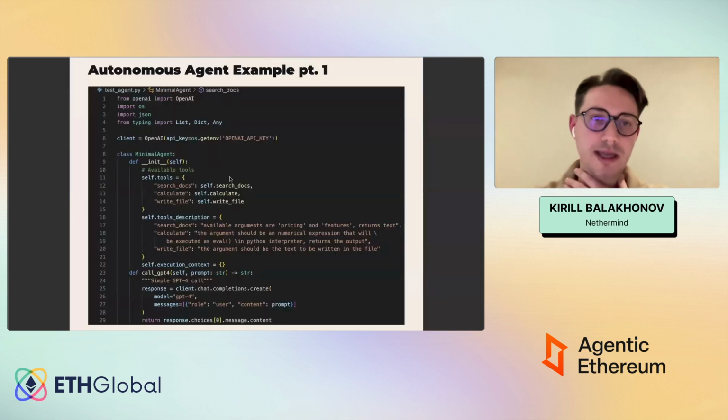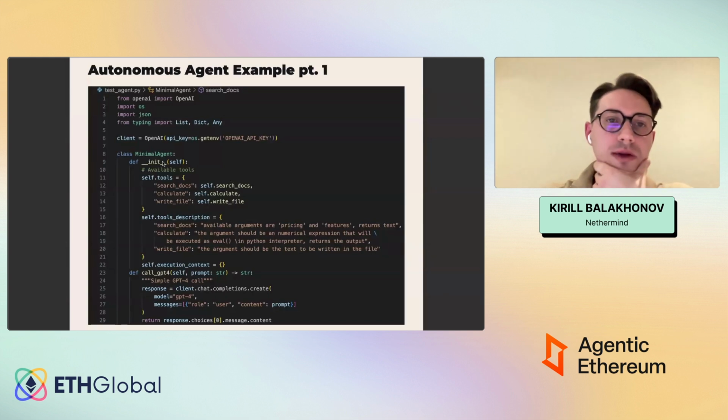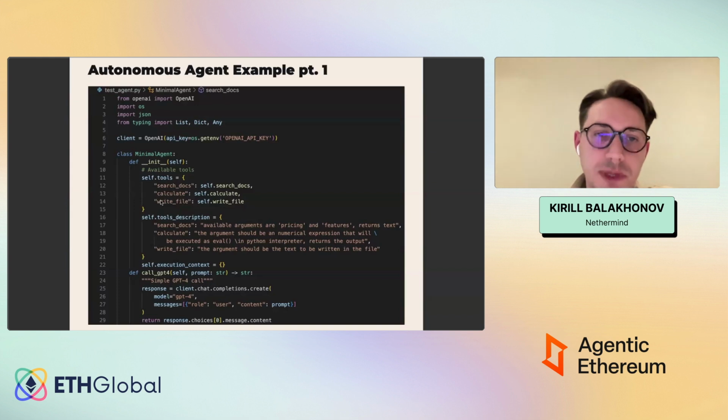So here is the example that I guess is pretty useful for understanding all the aspects of this approach. Here we have a class of minimal agent, and we define the tools explicitly. So we say there are some tools that you can use, right?